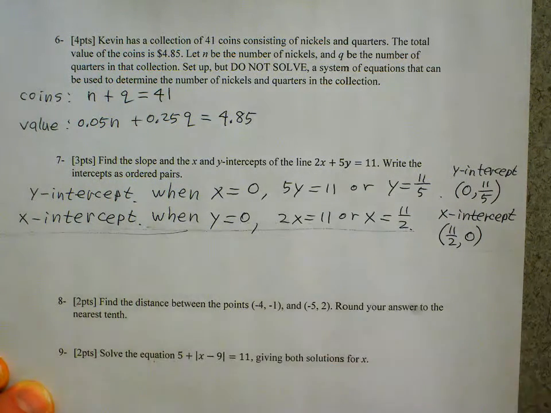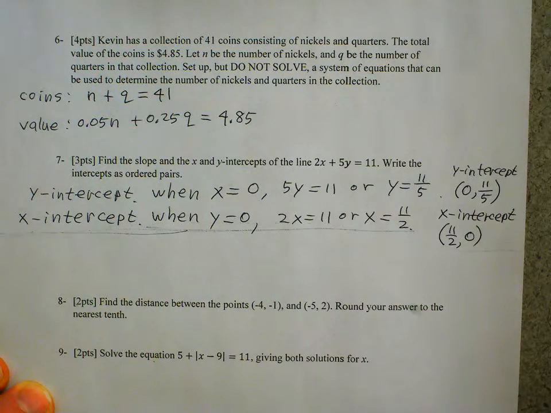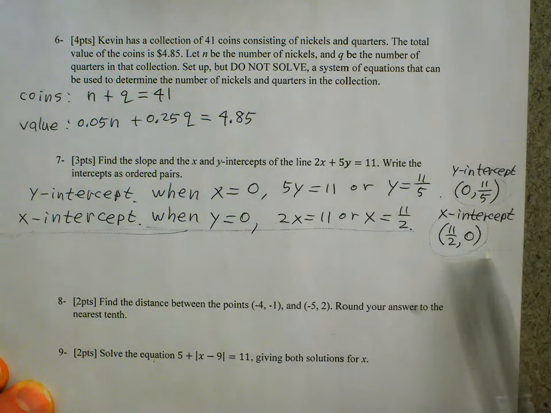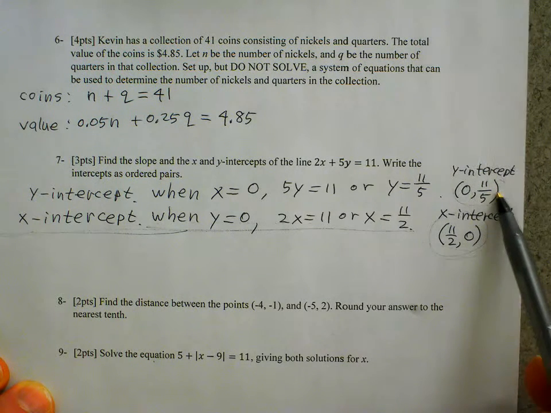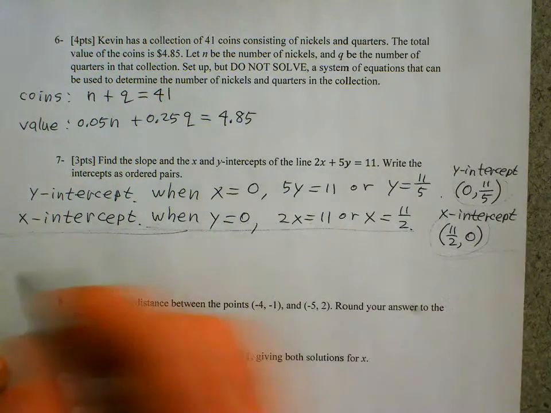That's called the slope-intercept form. In y equals mx plus b, the number m is the slope. That's one way to do it. Another way is to use the two ordered pairs and the slope formula. We know what the ordered pairs of two different points on the line are, so we can use the slope formula. So let's do it both ways.